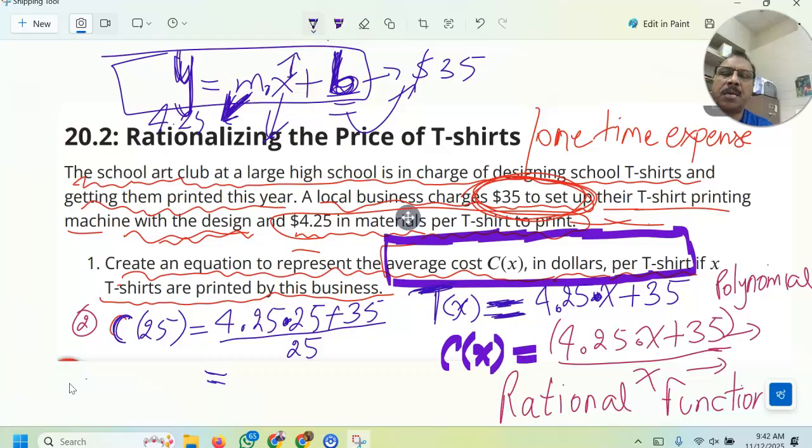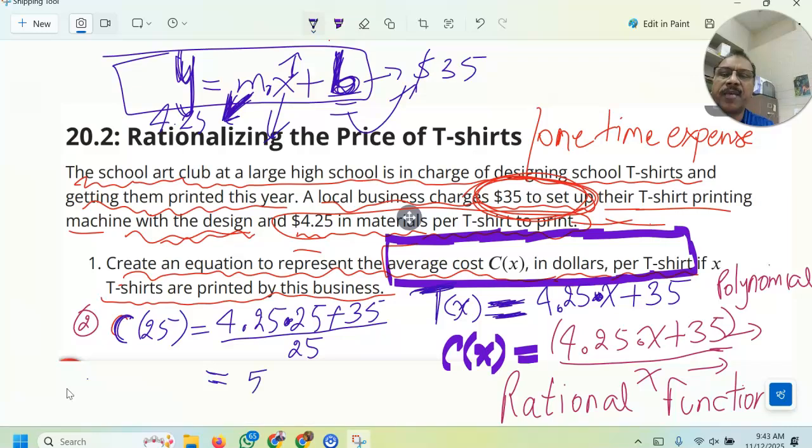Let me see. 100 plus 35, 140. Anybody else? So if we work this out, the answer turns out to be 5.25. Did you get 5.25, you said, Desmond? 5.65. Okay, 5.65. And now let me wipe this off.